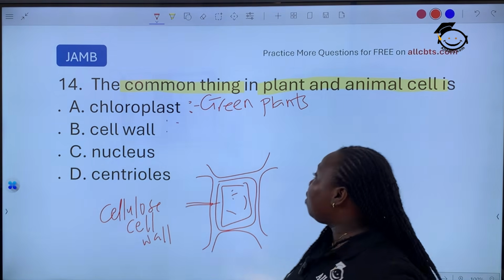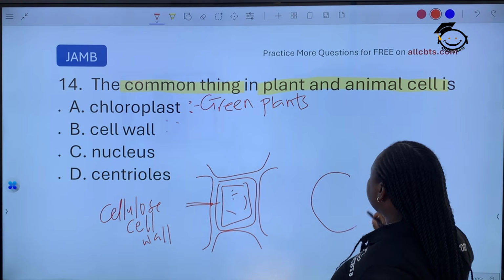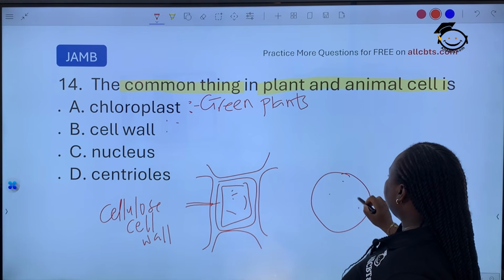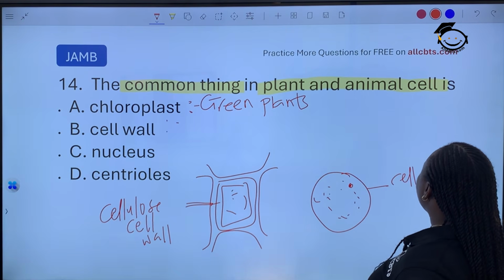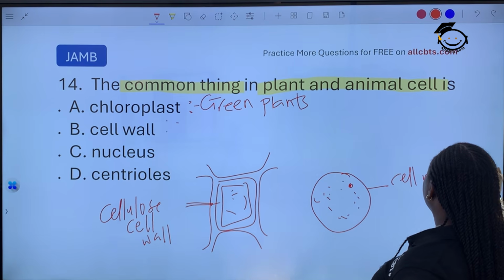The animal cell looks like this, and they will label this place just as a cell membrane.